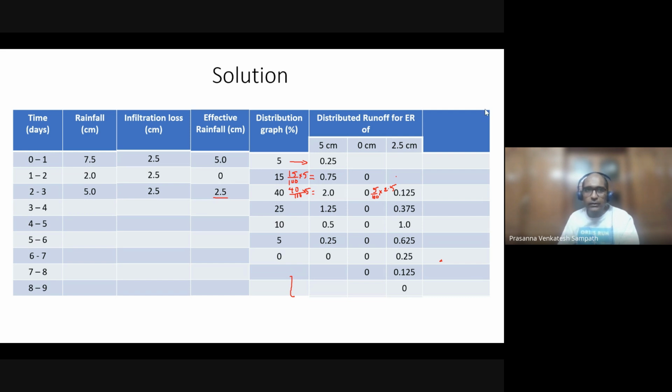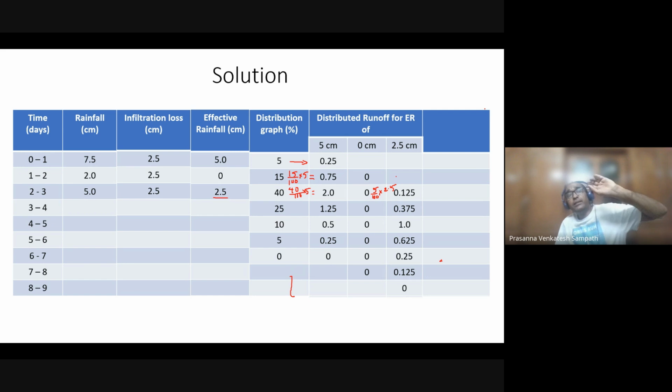Okay, so let me say loudly what I'm thinking. Let us say I produce 0.25 centimeters of runoff on the first day. If I multiply that by the area of the catchment, what will I get? I'm just thinking out aloud.